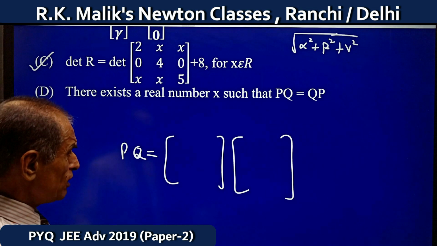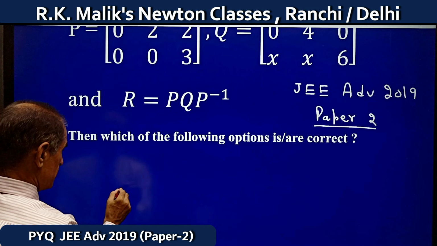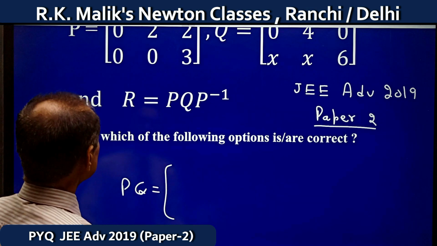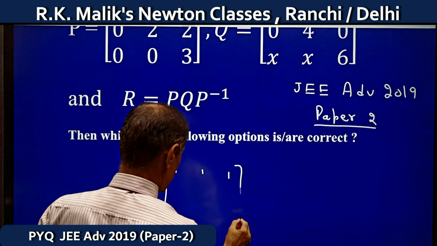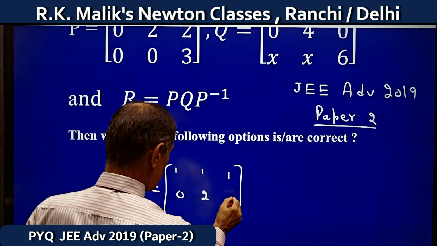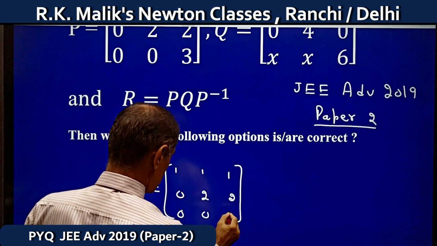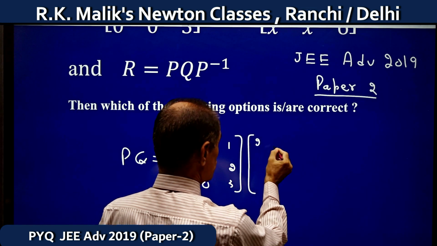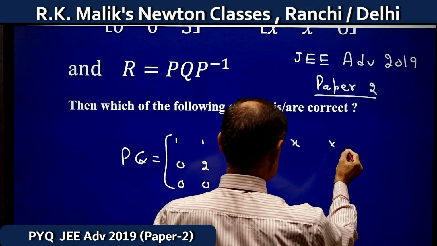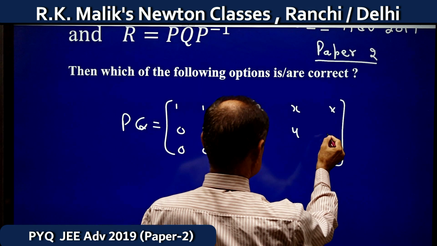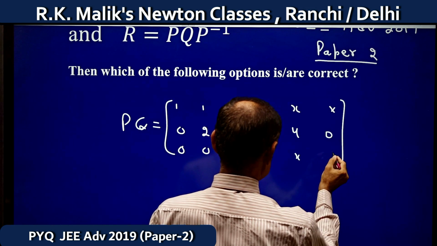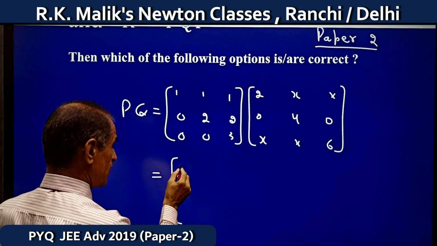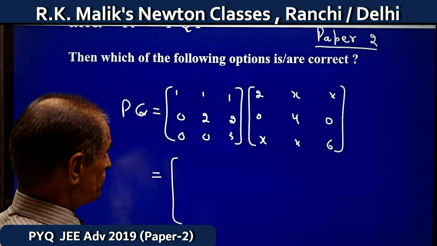I will be calculating only one element. First, let me write the matrices. PQ equal to 1, 1, 1, 0, 2, 2, 0, 0, 3, and here I will be writing 2, x, x, 0, 4, 0, x, x, 6. I multiply and find the element at this position only.